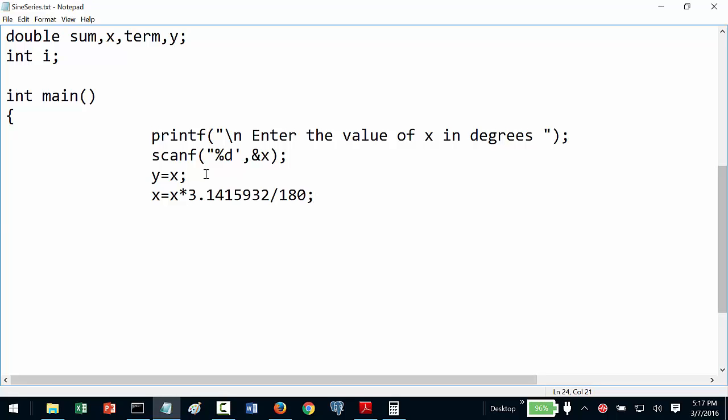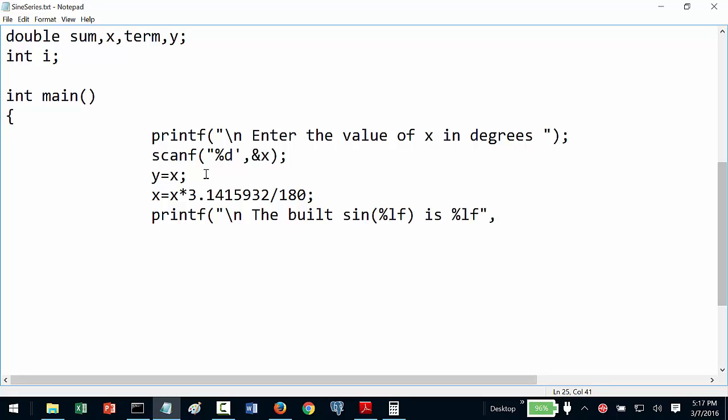This is my x. Okay, so now what I will do is before I code this program, I will simply use this and see what is the result of the built-in function. The built-in sine of percentage LF is percentage LF.